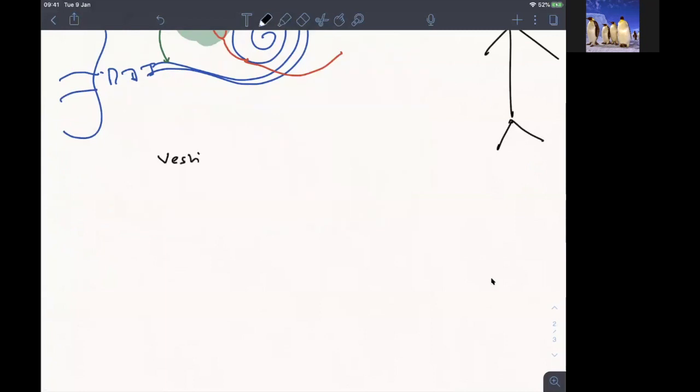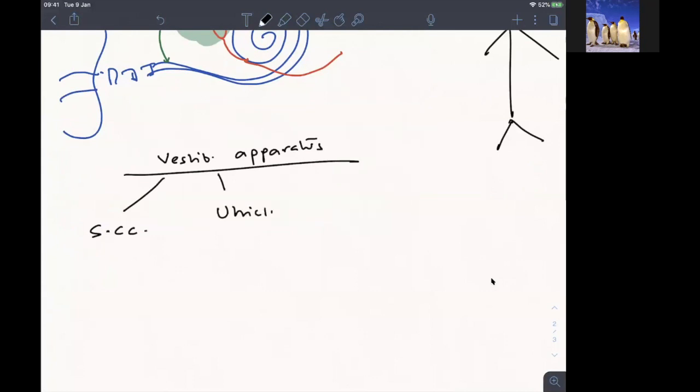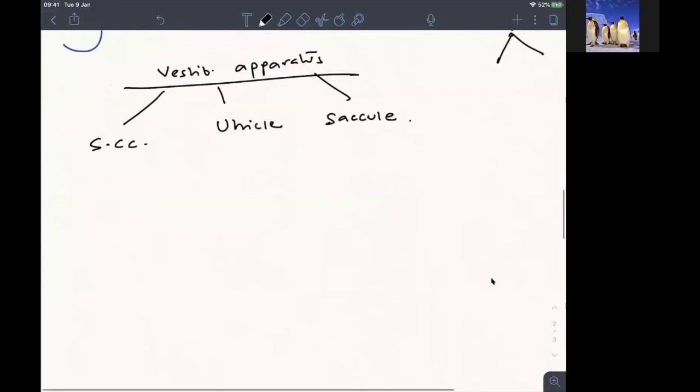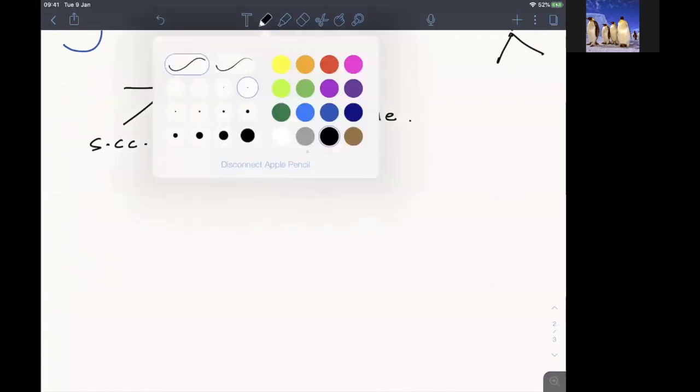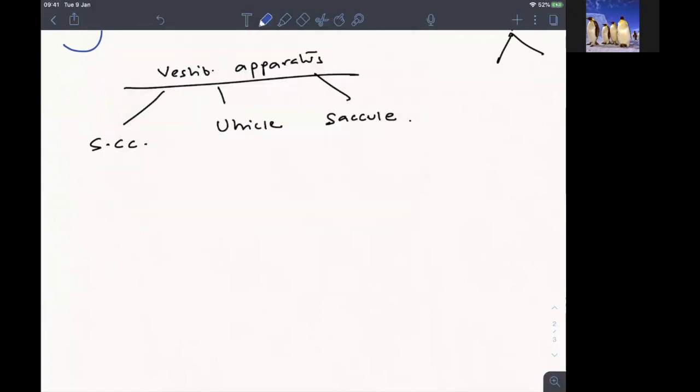Vestibular apparatus consists of semicircular canals, utricle, and saccule. Now, the utricle and saccule part is easier to understand, so I will talk about that first. Utricle is a horizontal structure and saccule is a vertical structure, and both of them contain endolymphatic fluid.